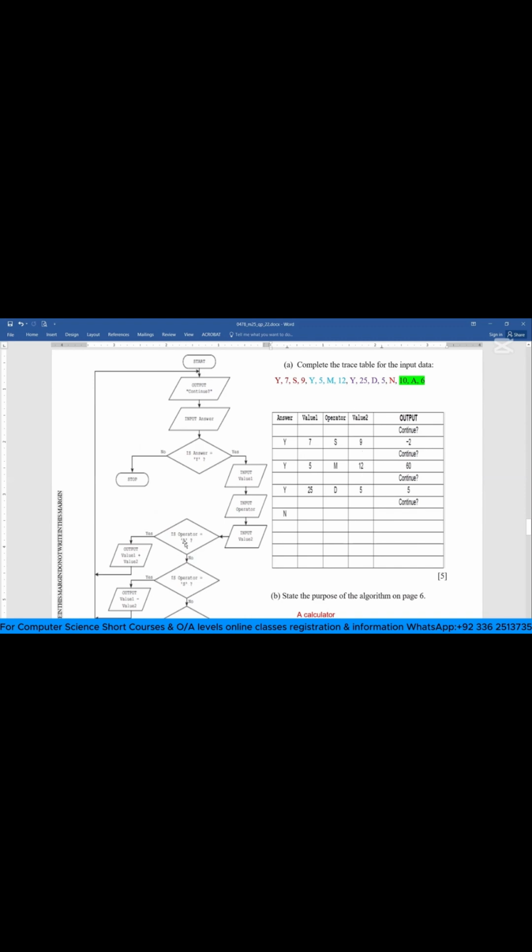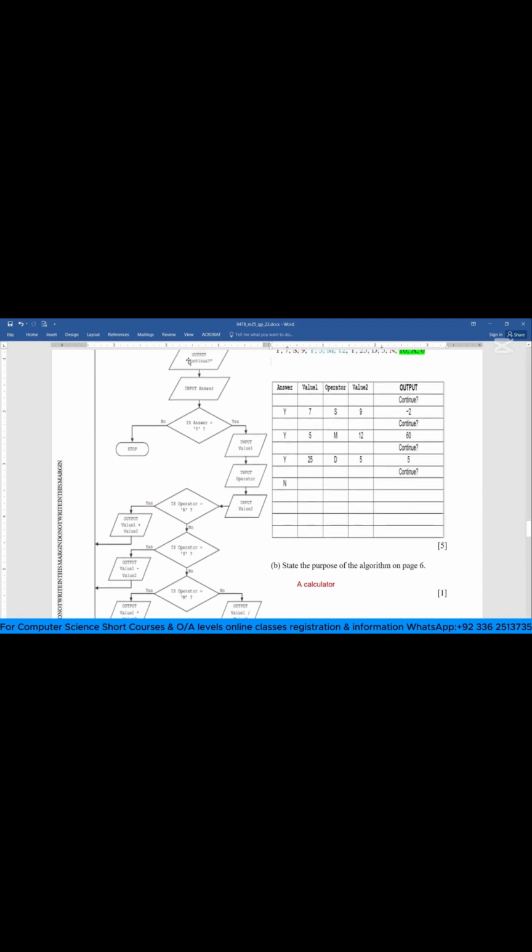Now you can see a is not the operator, s is not the operator. So it is moving down, and is operator equals to m? Yes. Value 1 into value 2. 12 times 5 is 60. 60 is written here. You move back to the top.